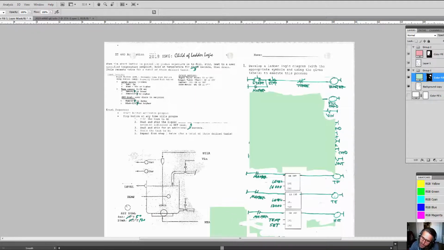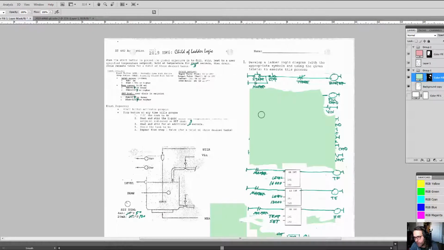Fill is the first thing that happens, and you can't really assume that this tank is starting empty. So what would be the fill conditions? Well, the fill condition is basically just that you do not have a full tank. So the only thing I have in here is normally closed, besides the master, normally closed TF. So if this tank is not full, then you're filling.